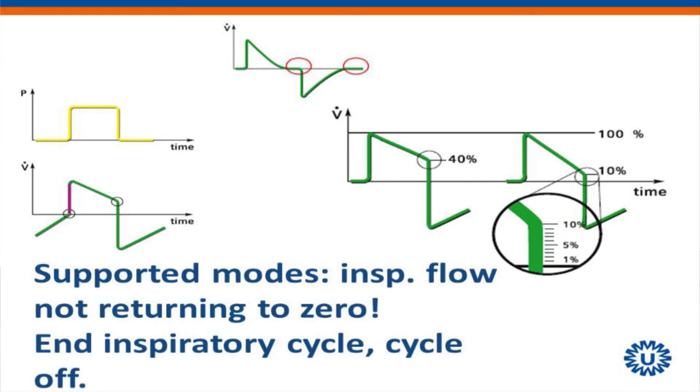When you choose a cycle off of 70%, you've got a very short inspiration time. The patient will receive really less volume because there's less inspiration time, so he will become very fast.